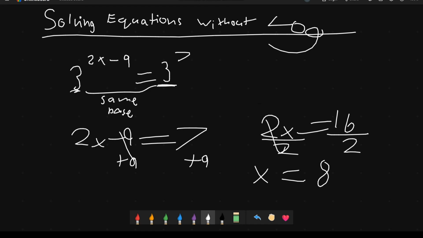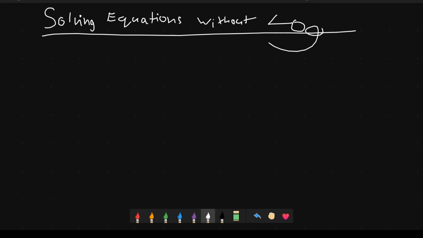That's how you would simplify two bases that are the same to find x, or just to simplify the equation into an algebraic one. The next problem we'll be trying is 1 over 64 equals 4 to the power of a squared minus 4.